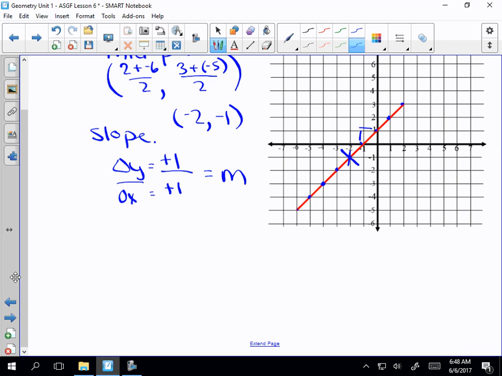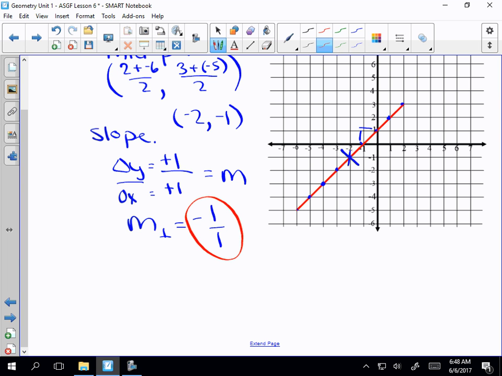Okay, so here's our original slope. What we can do is we can use some notation. Okay, we use this upside down t to show that it's a perpendicular slope to m. And since it was a positive 1 over 1, it's real easy to flip that fraction, still 1 over 1. And then we need to put a negative on the front of it to give us the opposite reciprocal.